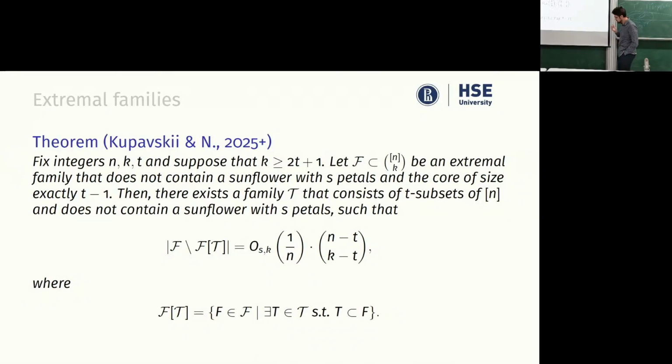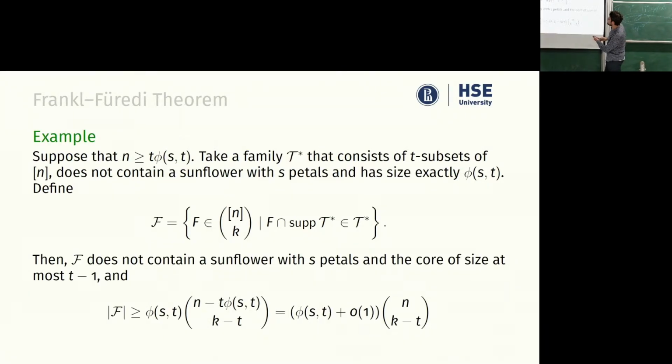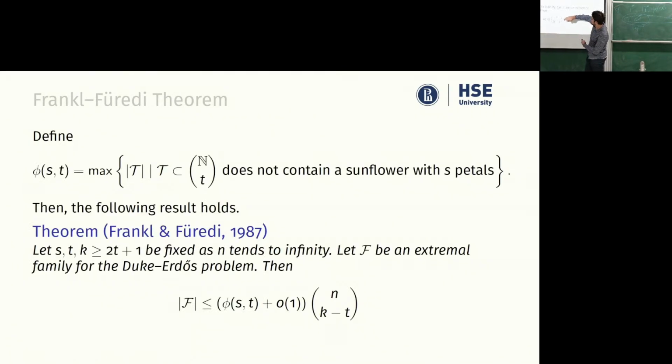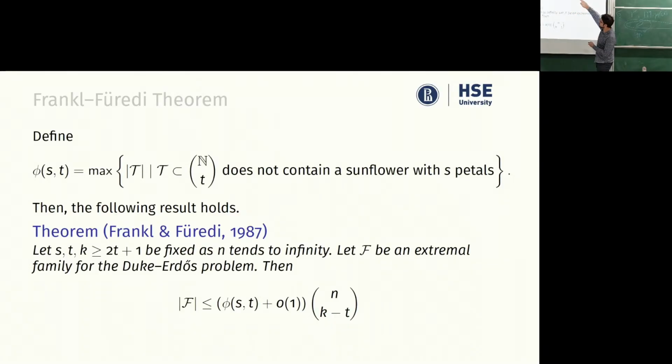So it's not only about defining the function phi S T. It's also about extremal families of this problem. So one could reduce the Duke-Erdős problem in some sense to the extremal problem, basically the Erdős sunflower problem I will discuss later a bit.